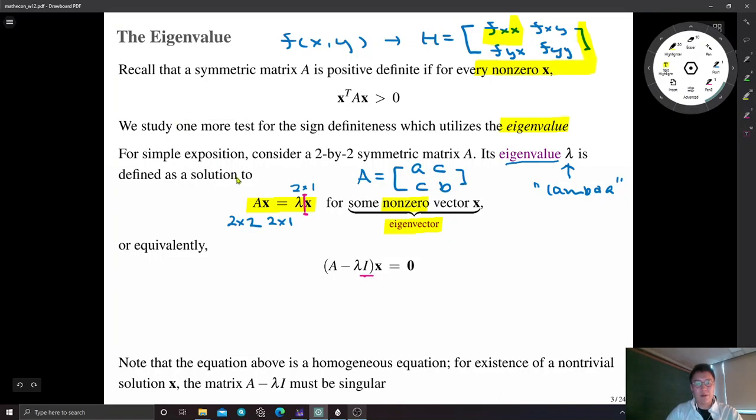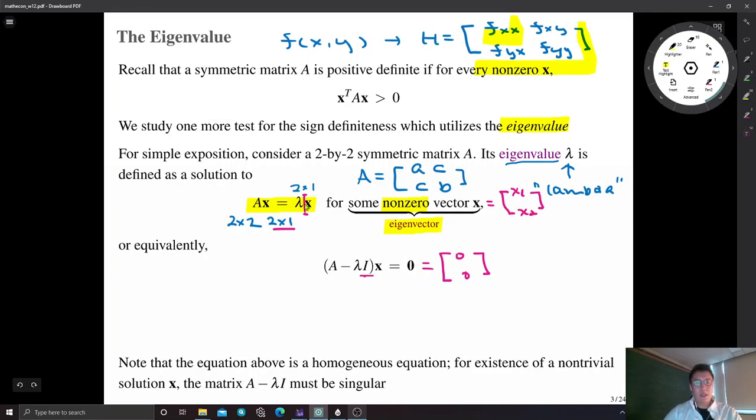Remember the dimension of this equation is 2 by 1, so not just the number 0, we must have a 2 by 1 zero vector. And the dimension of vector x is 2: we have x1 and x2.